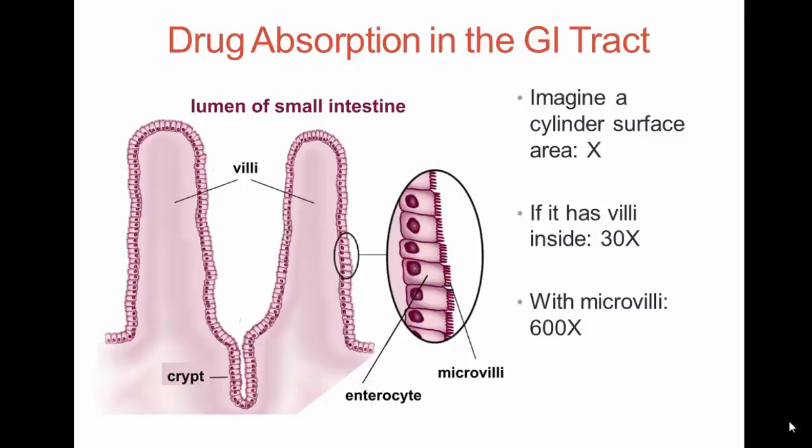If the cylinder has a structure like villi, it increases the surface area around 30 times. And these villi in turn have microvilli, which increases the surface area around 600 times. Such a large surface area helps in easy drug diffusion by passive diffusion into the systemic circulation.